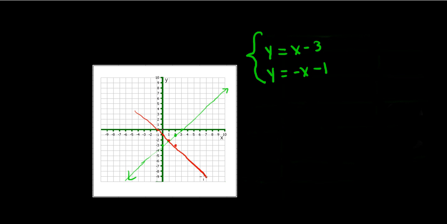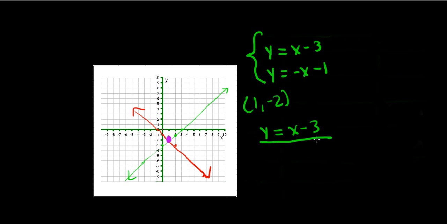We can see that the two graphs intersect at one point. We have to figure out the coordinates at this point, so we can look at the graph. We go 1 unit to the right and then 2 units down. So the solution of this system is (1, negative 2). In order to check this, we can plug in (1, negative 2) into each equation and see if it works out.